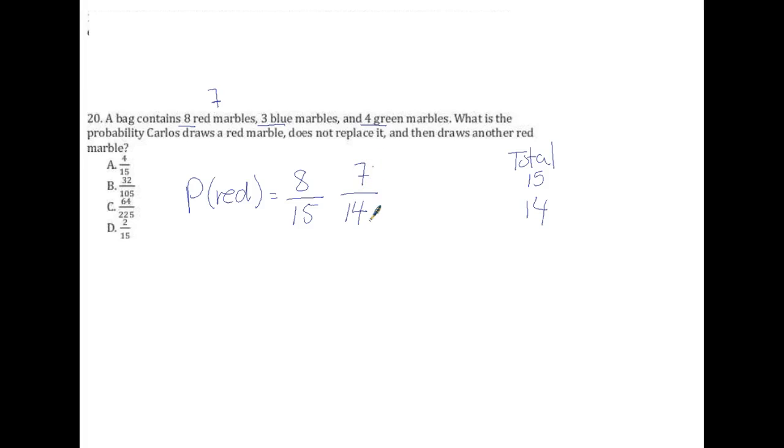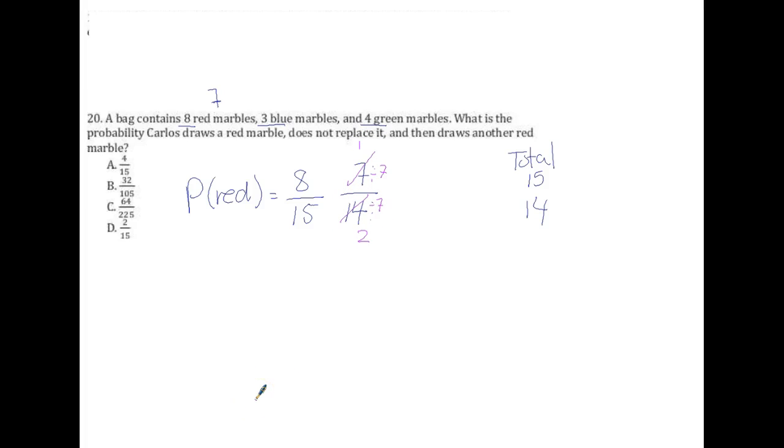To figure out the probability of picking red and leaving it out, then picking another red, let's multiply. Now, we can simplify first, since the TSI does not allow calculators. So 7 divided by 14, divide by 7, divide by 7. That's a 1, and that's a 2.